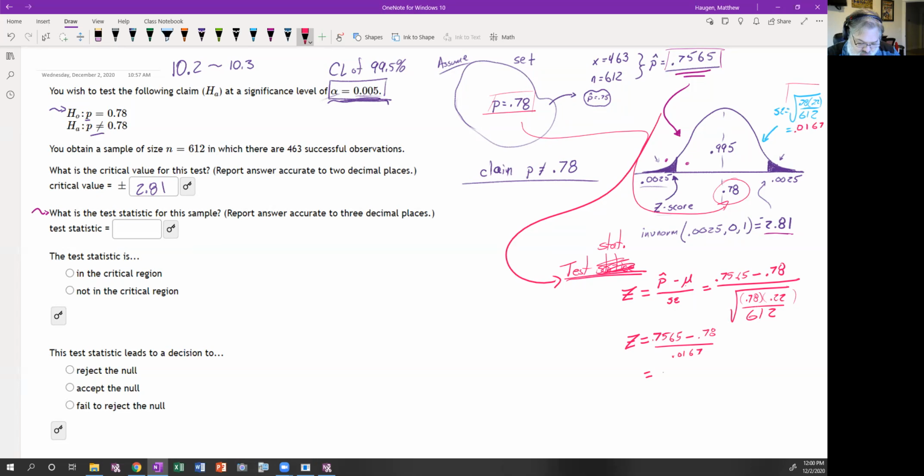That top ends up being negative 0.0235 divided by 0.0167. So take that and divide by that. And I get negative 1.403. Yeah, that's what I got.